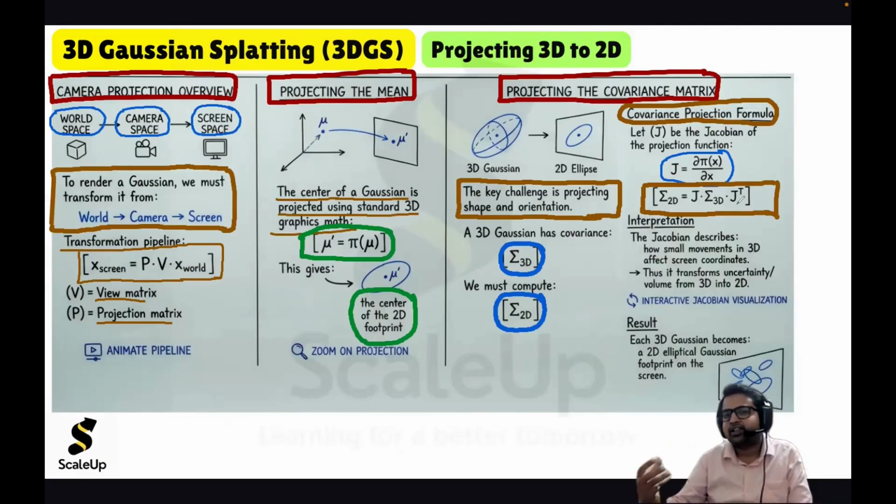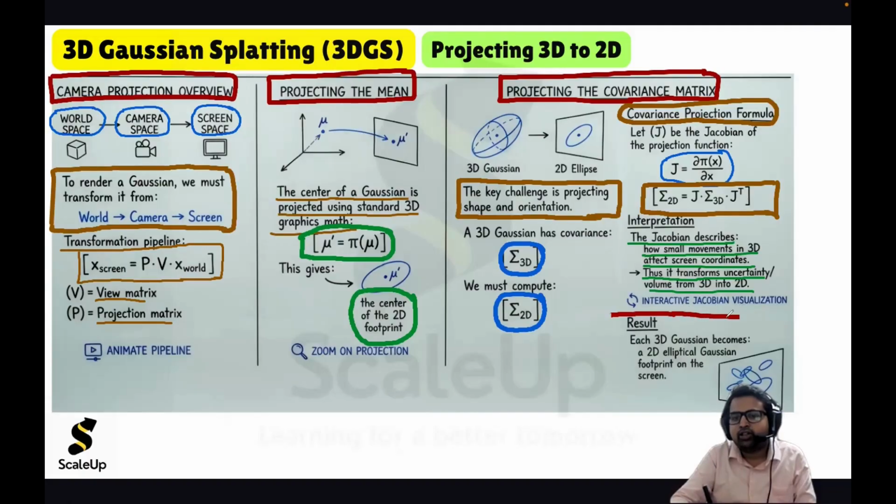That we get from this formula. So the Jacobian describes how small movements in 3D affect screen coordinates. Thus, it transforms uncertainty volumes from 3D into 2D. As a result of this transformation, each 3D Gaussian becomes a 2D elliptical Gaussian footprint on the screen.